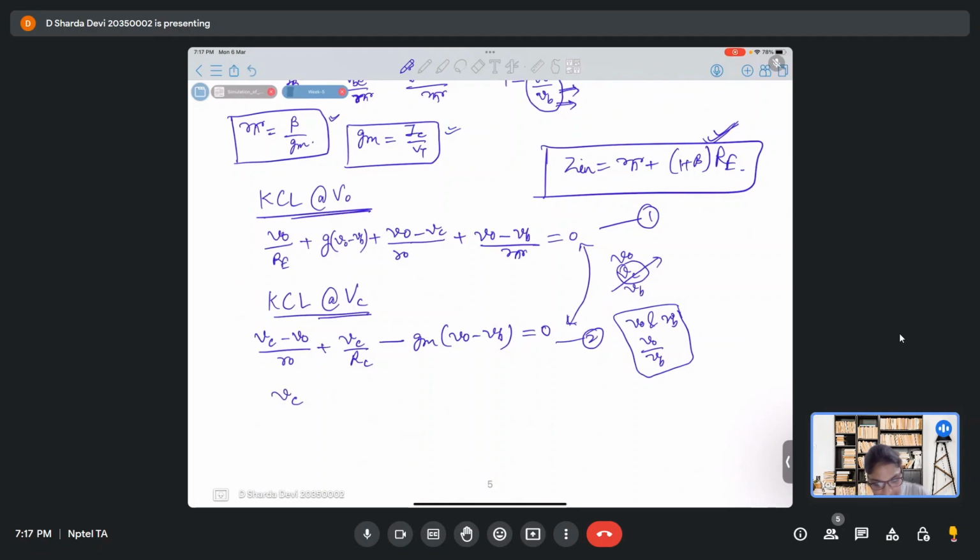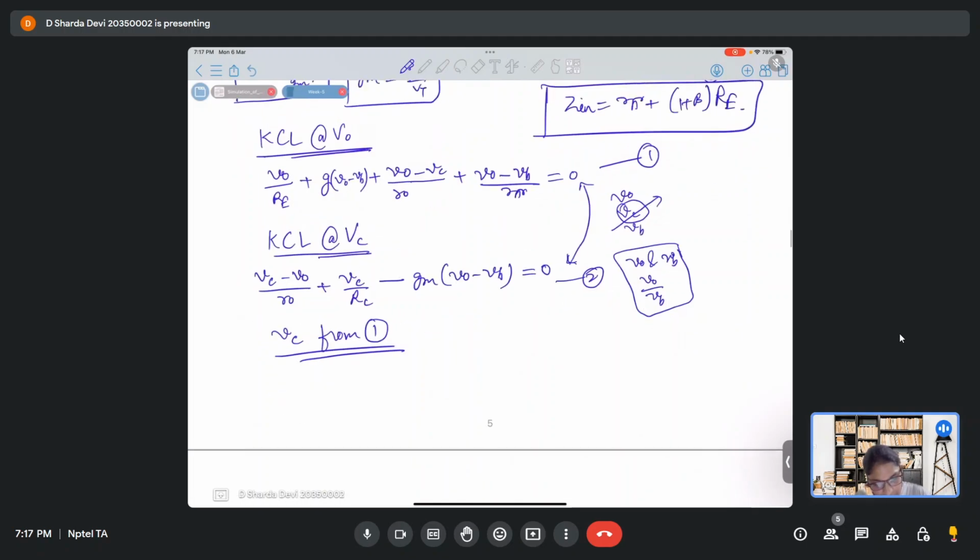So find VC from first, it will be V naught by RE plus GM V naught minus VB plus V naught by R naught, V naught minus Vp by R pi into R naught is Vc.